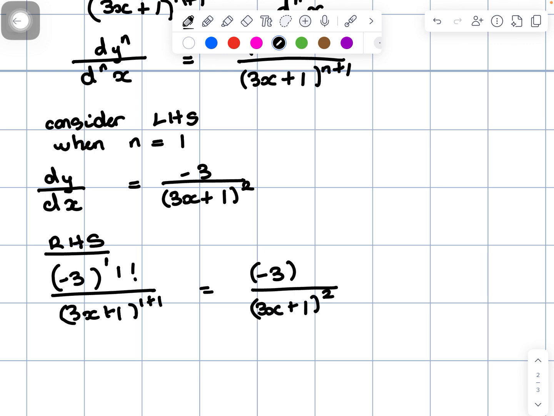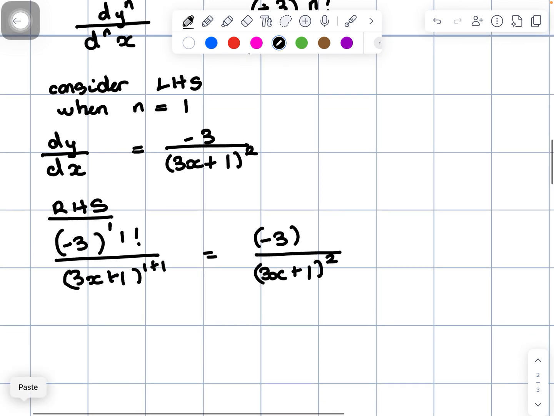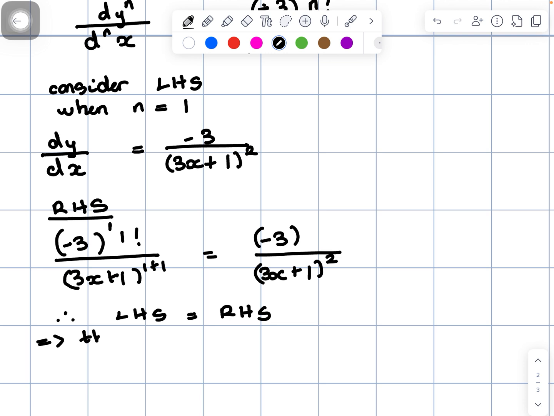We know that 1 plus 1 is 2. Therefore, the left hand side is equal to the right hand side, which implies the statement is true when n is equal to 1.